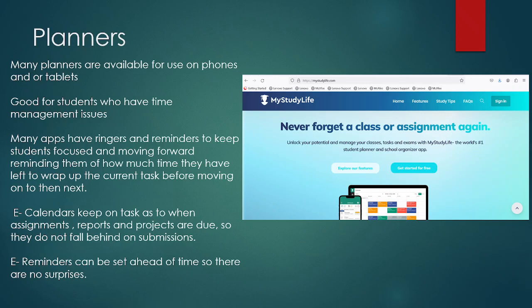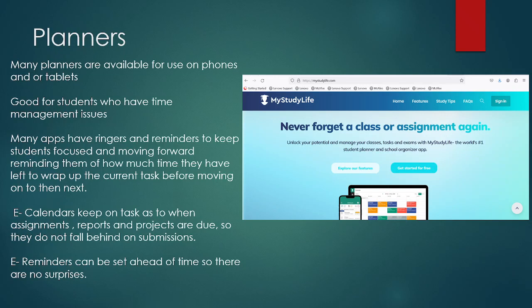There's one here from My Study Life, and they're good for students that have trouble remembering when certain papers are due, or reminders if they have a long-term assignment and they need to start working on it before the rest of the semester catches up to them, and then they have that last frantic week of the semester, and they have all this work that they put off and didn't realize that they lost track of time.